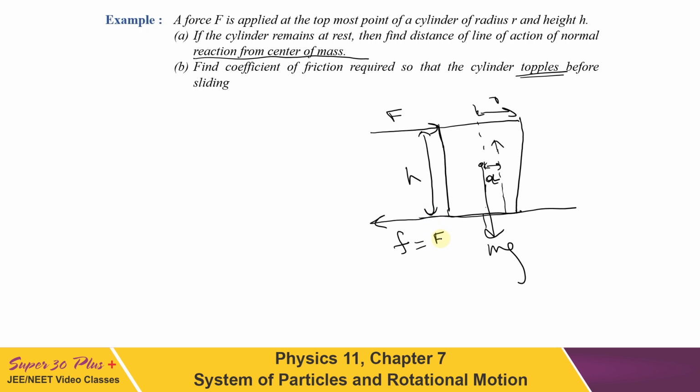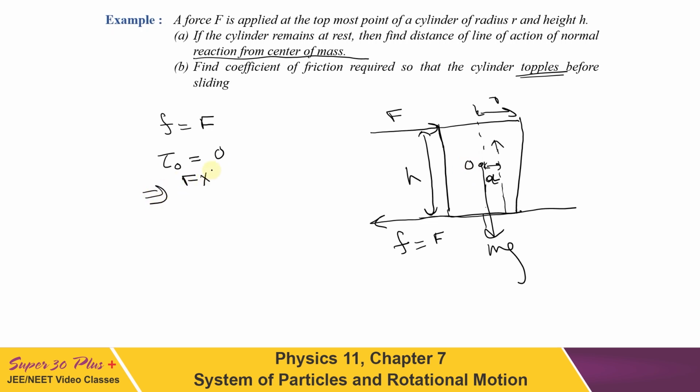Now for writing the equilibrium condition, first we have to write friction equal to F, which I have already shown here. And for rotational equilibrium, if I write the net torque about the center to be 0, let us take this as O, then what will the torques be?